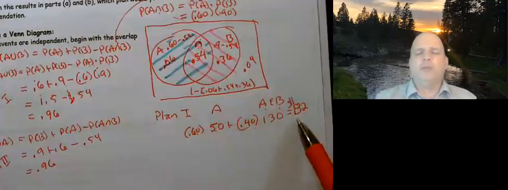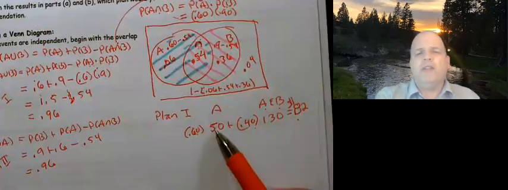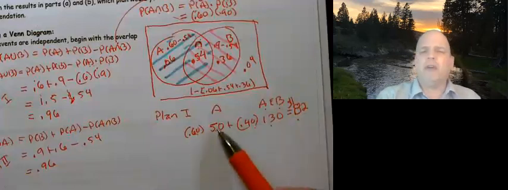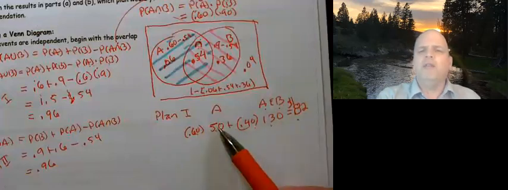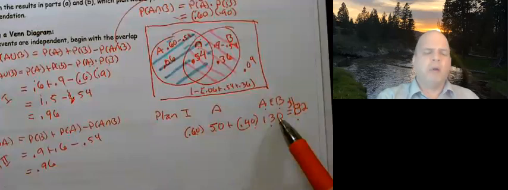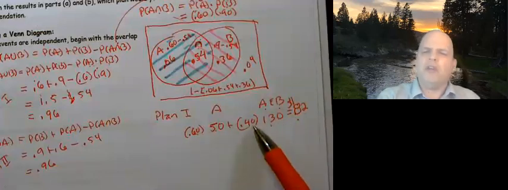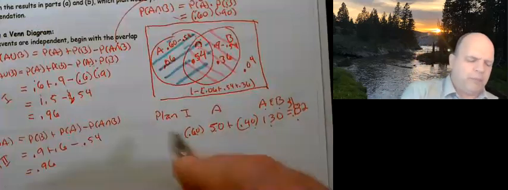Once again, no one's paying $82 because you're either paying $50 because you bought drug A and it worked, or you had to buy A and B and you spent $130, or the insurance company spent $130. So the insurance company is never spending $50. They're never spending $82. They're either spending $50 or $130. But because 60% of the time they're spending this, 40% of the time they're spending this, on average or in the long run, they're spending this.